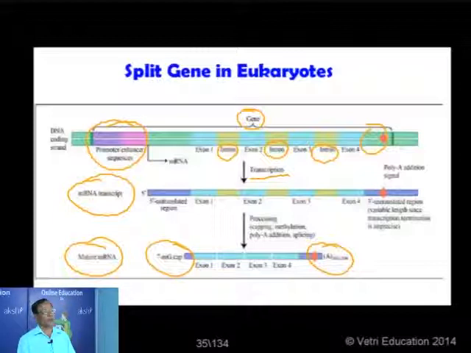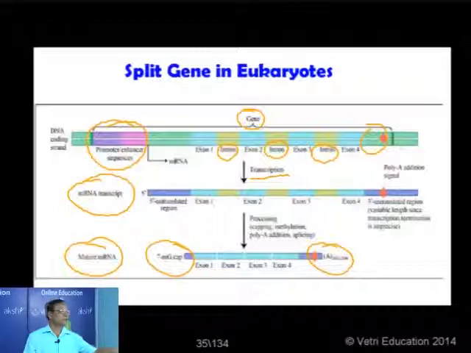So this is splicing. This is capping, where something is added to the front end. And this is tailing, where something is added to the rear end. All are happening during the process of processing, which results in a functional mature mRNA that will be translated to form the protein.